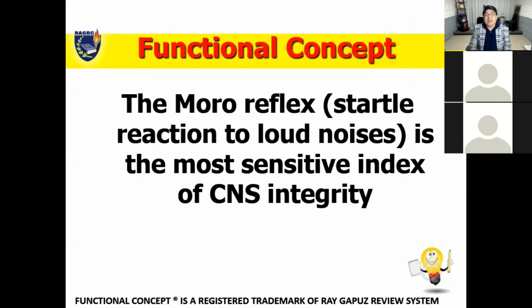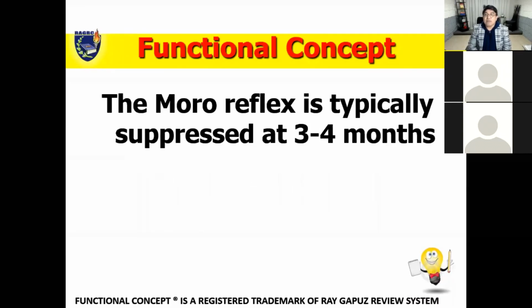So let's move on. Now, if you're going to ask me, so what is it that we need to remember about care of the infants? Take note of this, class. Remember about the Moro reflex or the startle reflex. Why? Because it's the most sensitive index of the integrity of the central nervous system of the baby. And take note, the Moro reflex is typically suppressed at 3 to 4 months.